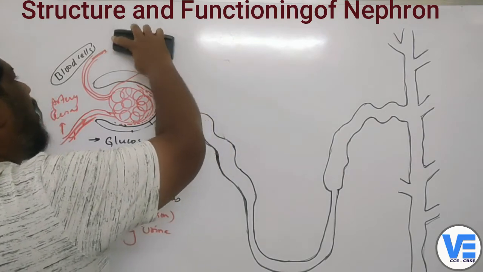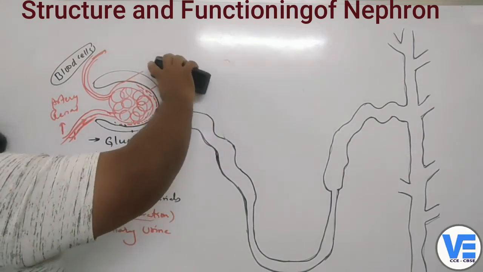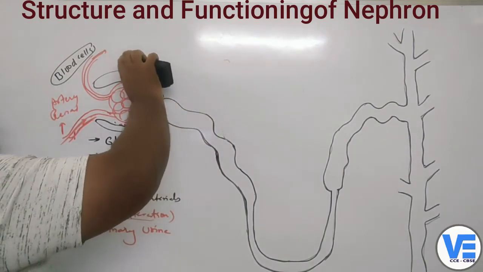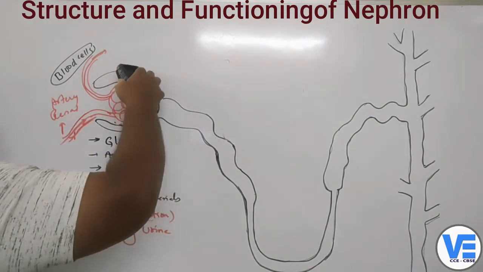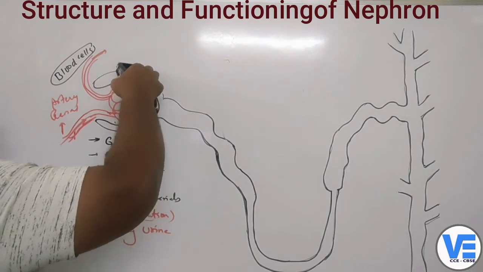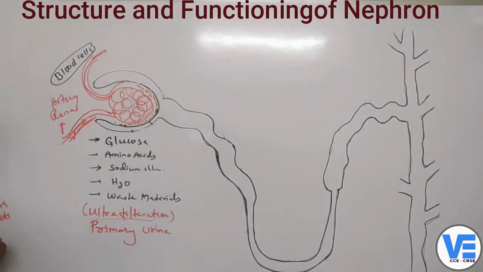Now here I'm rubbing this efferent arteriole and this squamous epithelium. If you want to make sure that you remember the parts, write them on paper, or make sure that you draw this diagram as it is, in the same way I'm writing, so that you will not miss any points, right?